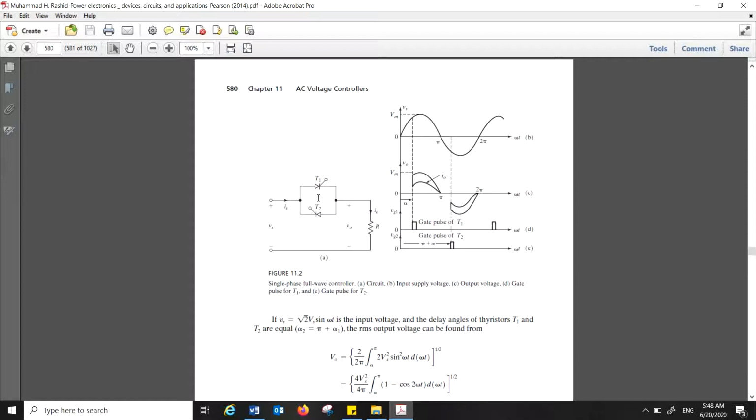It has two thyristors back to back, T1 and T2. Since a thyristor is a unidirectional device, it can conduct only in one direction, and you cannot force it in two directions like some other devices. And here we have the resistive load.